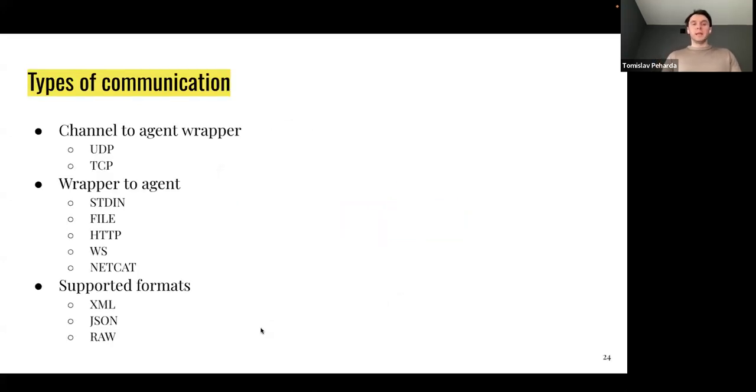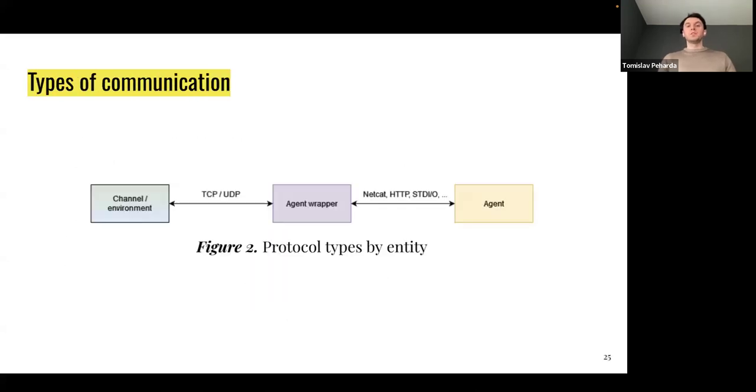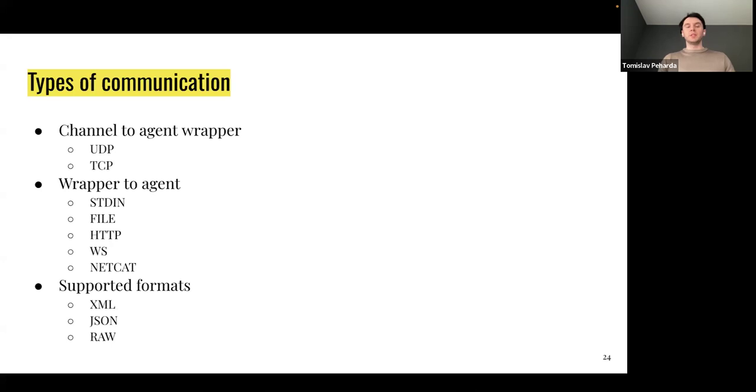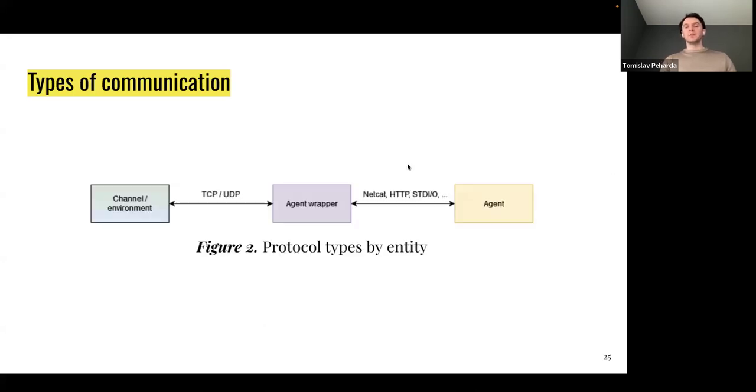What are the types of communication that we allow? There are different types of communication depending on the level of the agent. Let's quickly jump onto this figure. On the foremost right, we have an agent. In the middle, we have the agent wrapper.